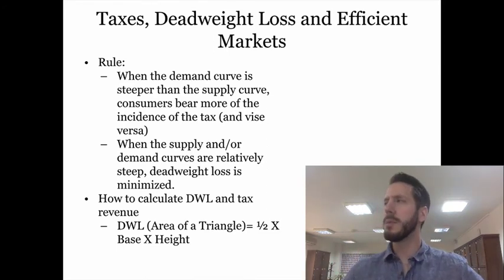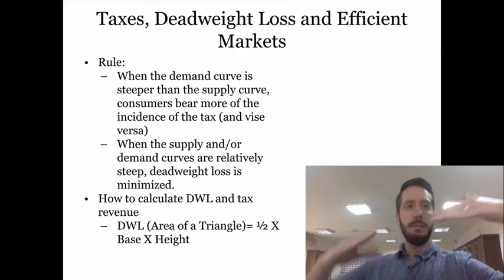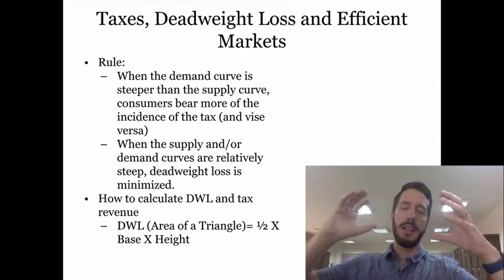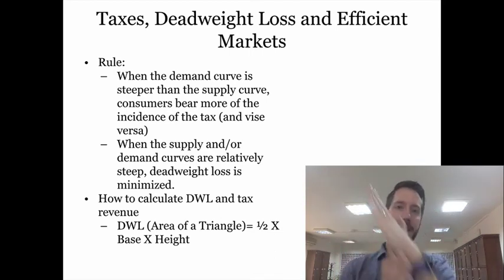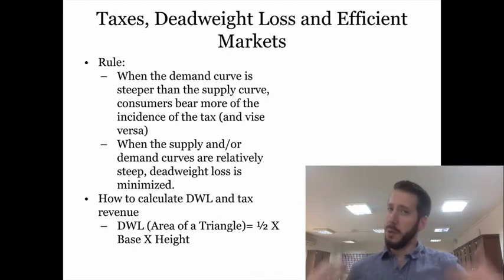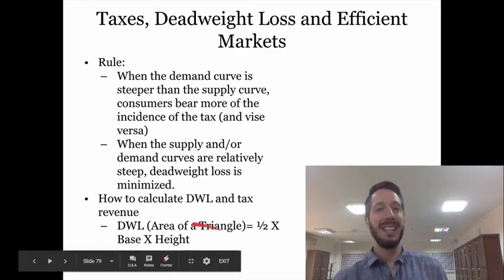Why do you then multiply by 0.5? Because it's half of a square. With a square, you just multiply the base and the height. So for a triangle, you find the base and the height, and then you have it. Look, geometry was not my strongest suit, so you might need to rewatch that, but that's how you calculate the deadweight loss in these curves.